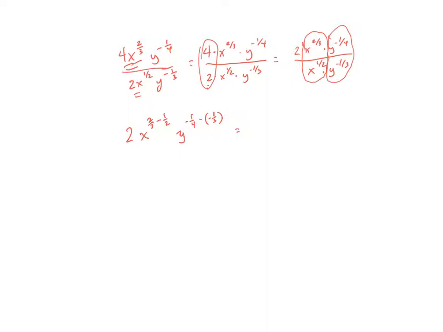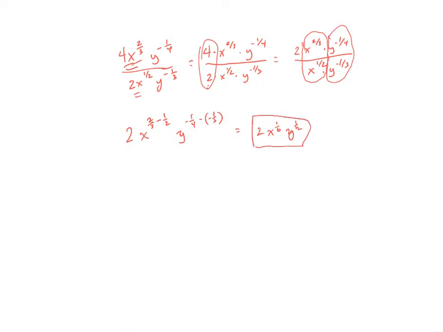So when I go to simplify that, I need a common denominator for 2/3 and 1/2. That would be 6. So that's 4/6 minus 3/6, which is 1/6. And for the y, the common denominator between 4 and 3 would be 12. So that would be negative 3 plus 4, so it's 1/12. So this would be the answer in simplest rational exponent form.